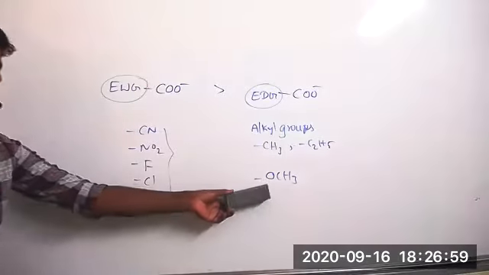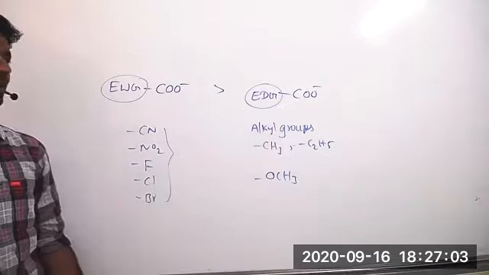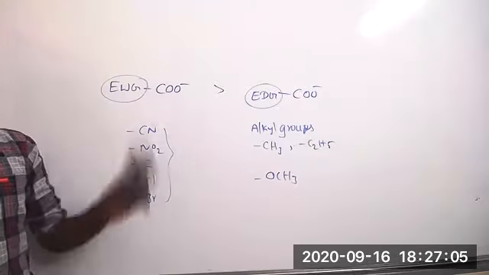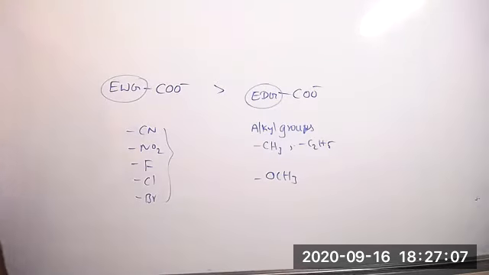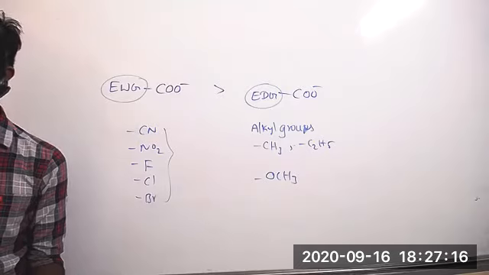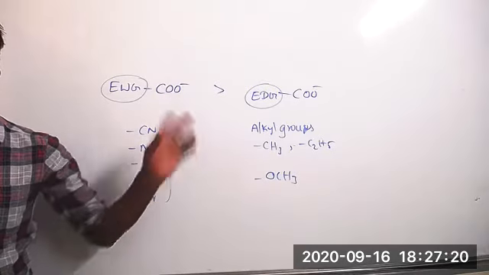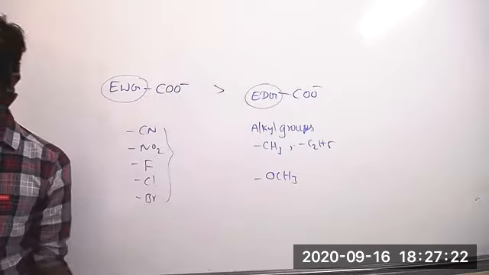If these are attached to the acid functional group, the acidic character decreases. If electron withdrawing groups are attached, it increases. Note down these points. In board level and CET level, questions ask to arrange the given compounds in increasing or decreasing order of acidic character, based on electron withdrawing and electron donor groups.